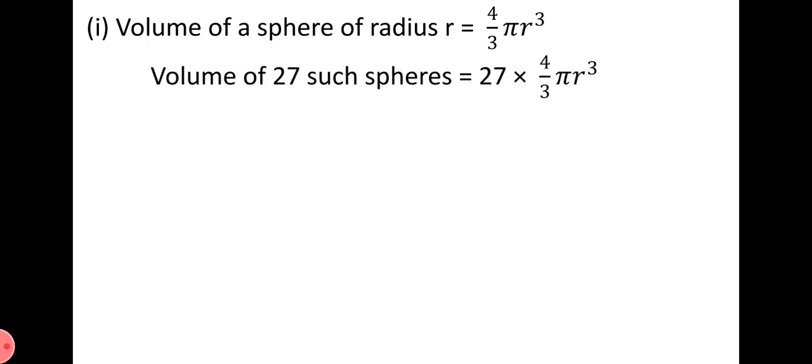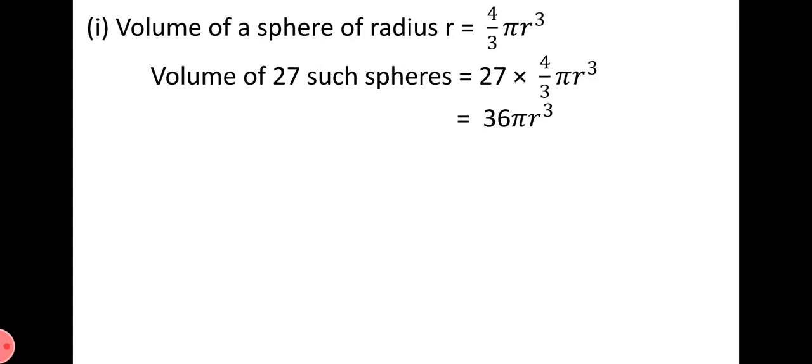Now volume of 27 such spheres equals 27 into 4 upon 3 pi r cube, that is equal to 36 pi r cube. You can cut 3 and 27, that is 3 ones are 3, 3 nines are 27, and remaining when we multiply we get 9 fours are 36 pi r cube.